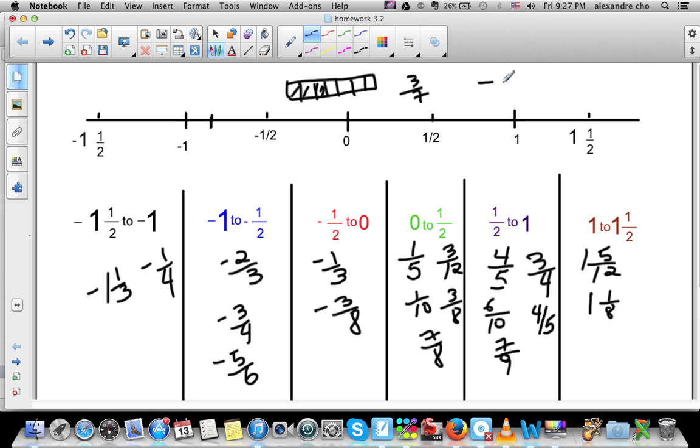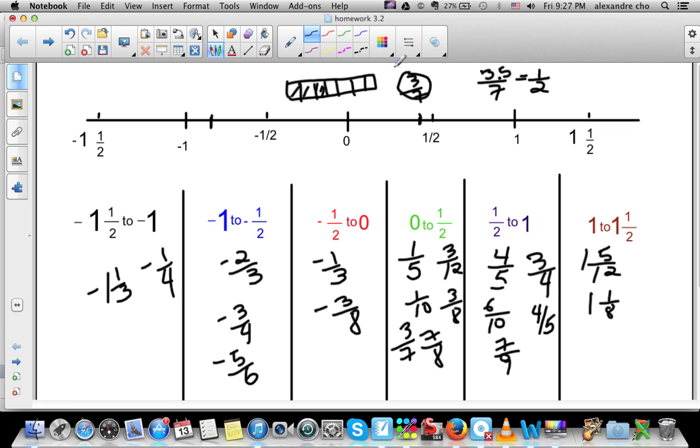If you have 7, half of 7 would be 3.5. That equals a half. Our fraction is 3/7, and 3/7 is less than 3.5/7, which makes it less than half. So it's between 0 and a half, so we're going to write that right here.